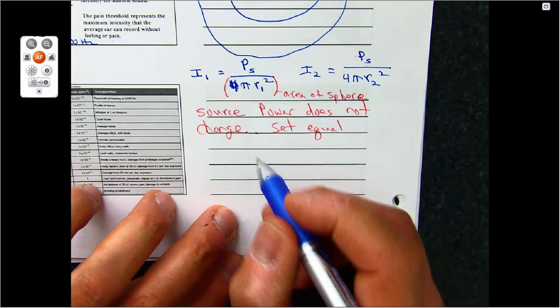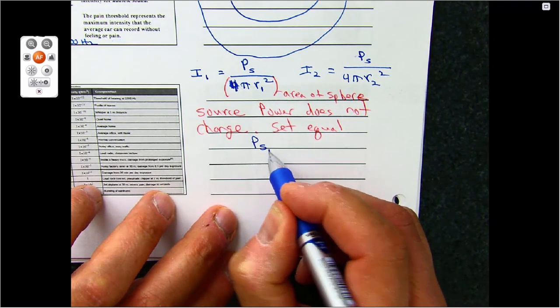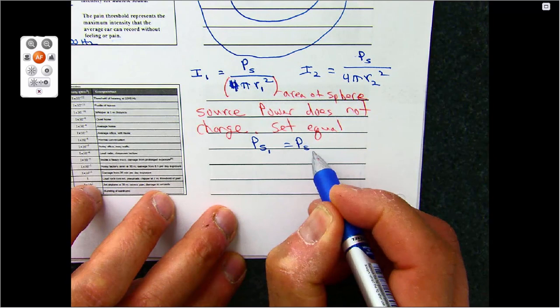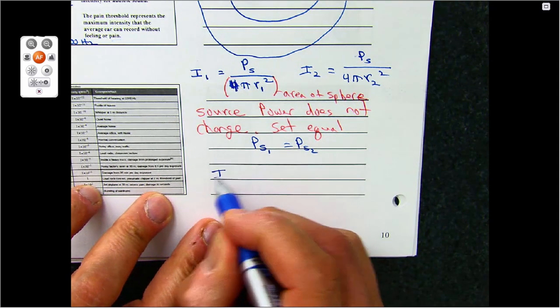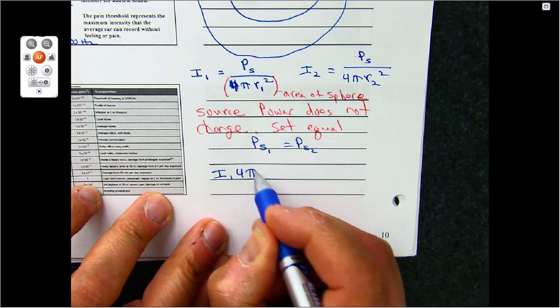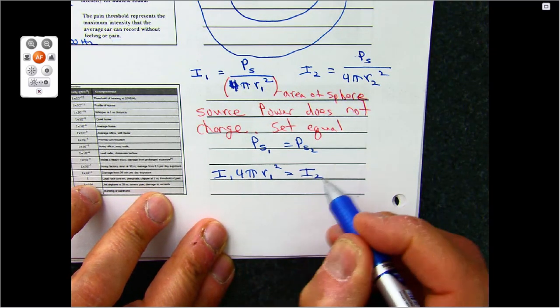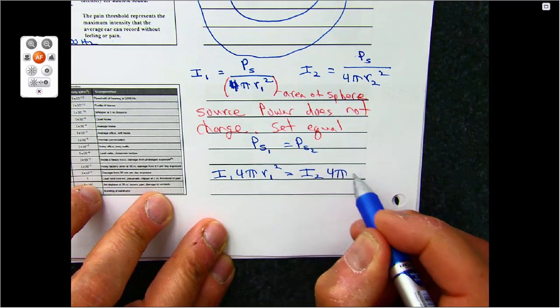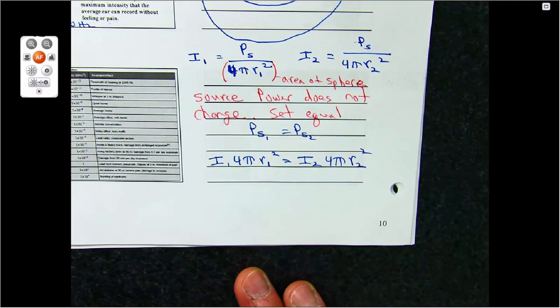So if we say power of source 1 equals the power of source 2, then we end up with I1 4 pi R1 squared equals I2 4 pi R2 squared.